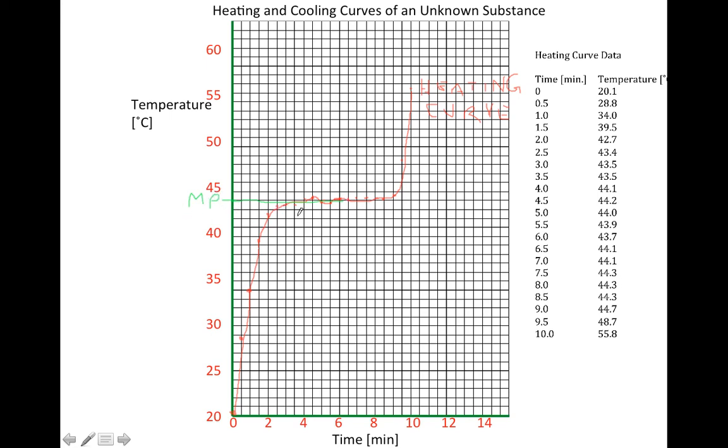I now have the melting point. That's going to be one of the answers to the question. The melting point means the temperature at which it melts, so according to my lousy data, it's 44. And I'll tell you right now, this is definitely not correct data.